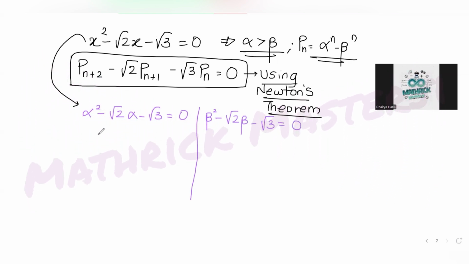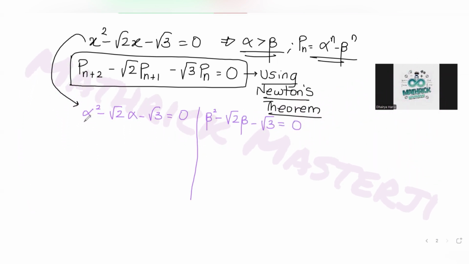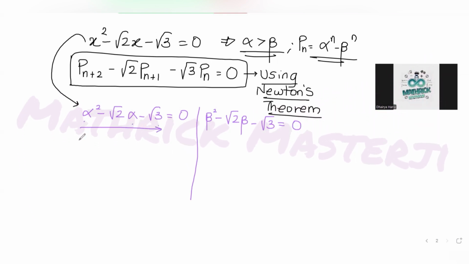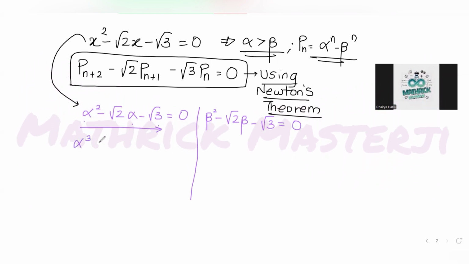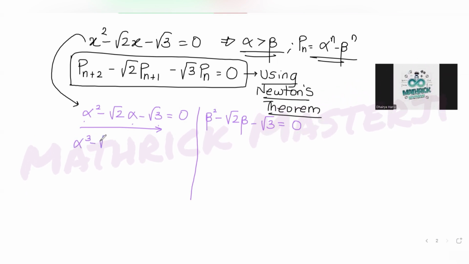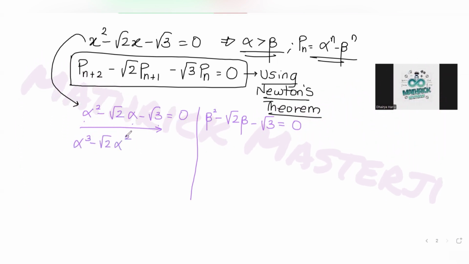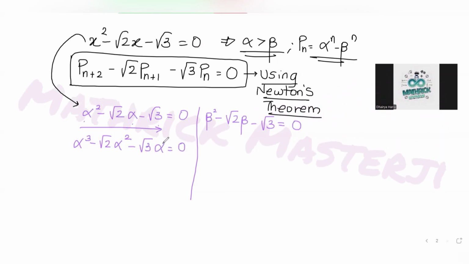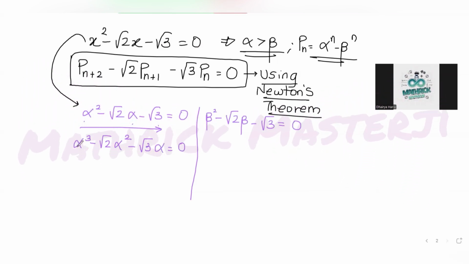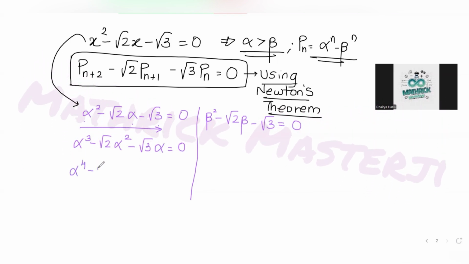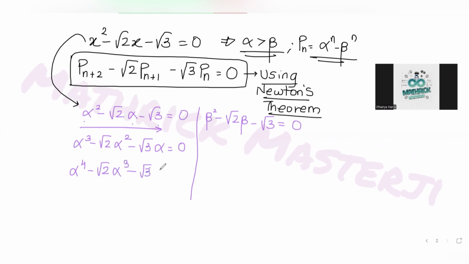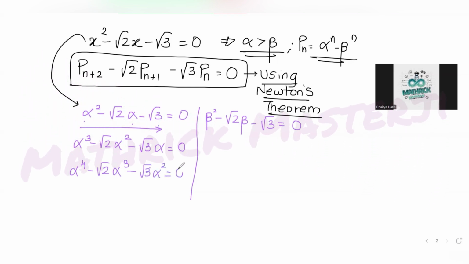Now I have both the expressions. If I multiply this quadratic with alpha, I get alpha cube minus root 2 times alpha square minus root 3 times alpha is equals to 0. If I multiply with alpha one more time, I get alpha raised to 4 minus root 2 alpha cube minus root 3 alpha square is equals to 0.